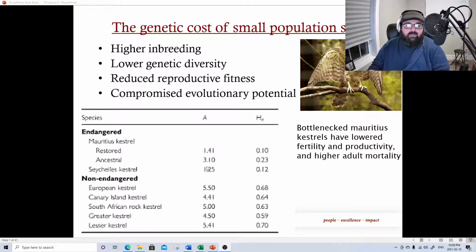If we have a look at the non-endangered species that they're closely related to, you can see heterozygosity is typically about 6 times what we find in these guys, and the allelic diversity is 4 to 5 times what we find in these guys. There's a huge difference between the endangered ones and the non-endangered ones in terms of their DNA. These guys don't have a lot of variation. The non-endangered ones do, and that contributes to the fact that they find it harder to survive and to reproduce.